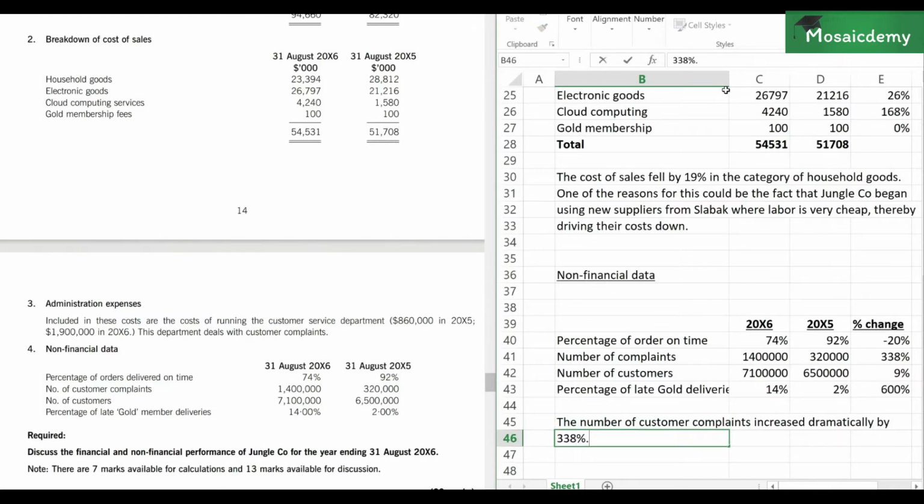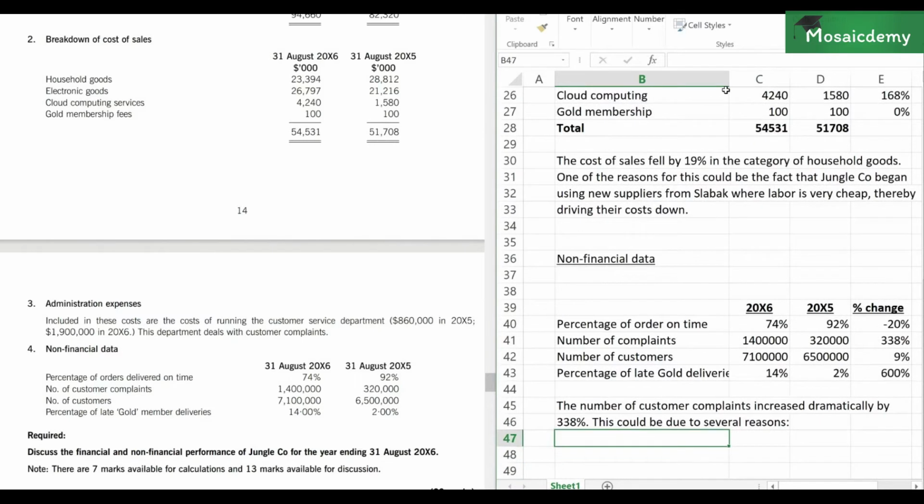This could be due to several reasons, because we'll link other points to this as well, so we'll keep that structured accordingly. So we can mention one, cheaper labor from Slovak has decreased the quality of the household goods, right? So we have our point over here as well.